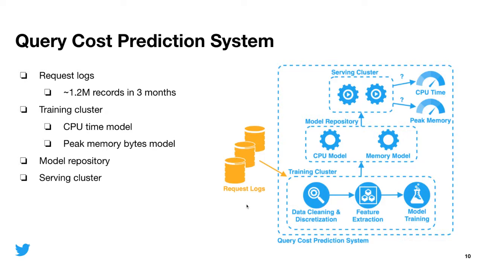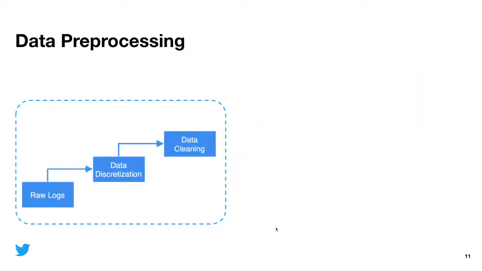So that's the overview of the query cost prediction system. And with this system, we would like to build a machine learning pipeline to resolve the problem, right? So here, I would like to drill down into the machine learning pipeline to see how we have built different steps into the whole pipeline.